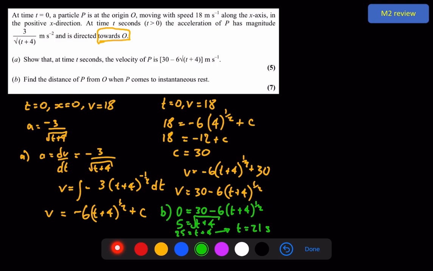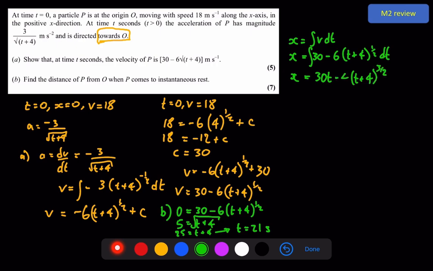Now we need to find the distance this happens, so we're going to be integrating again. x is equal to the integral of v dt, and we know v is 30 minus 6 (t plus 4) to the half, so we're integrating this with respect to t. And that gives us 30t. This becomes (t plus 4) to the 3 over 2, and divided by 3 over 2 gives us a minus 4 here, and a plus c.